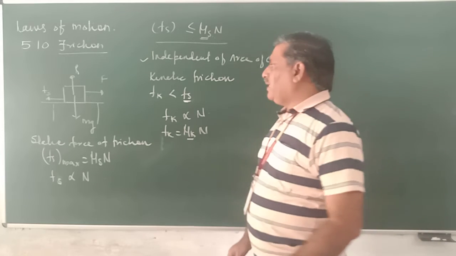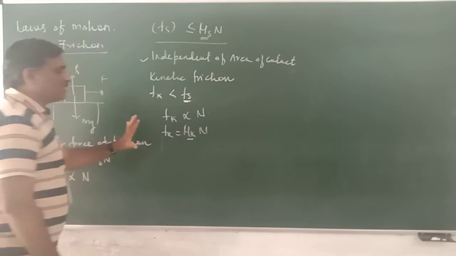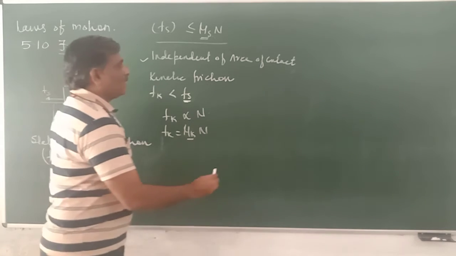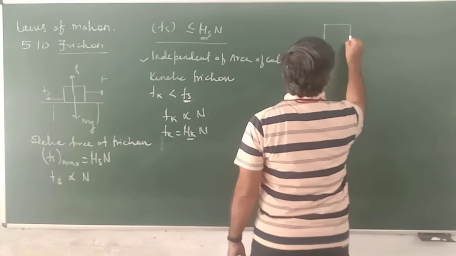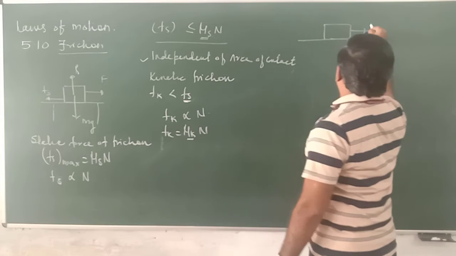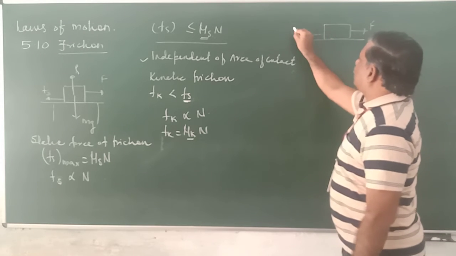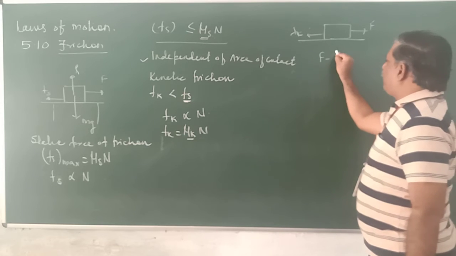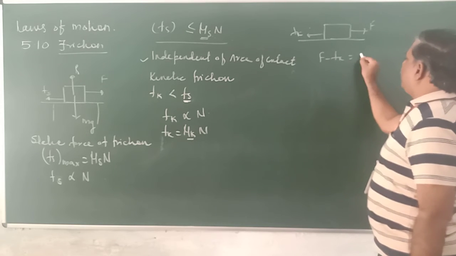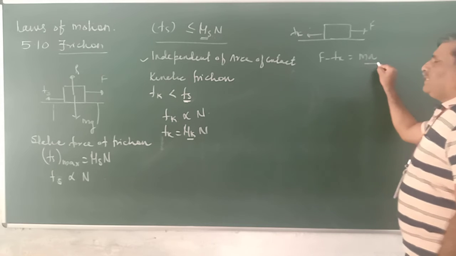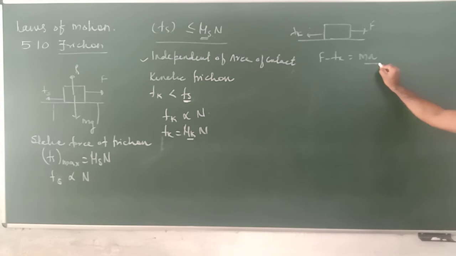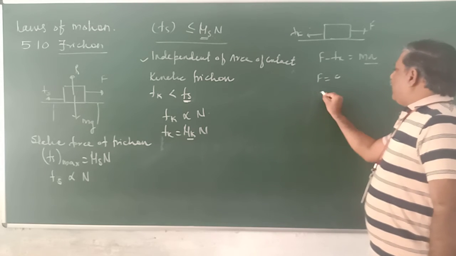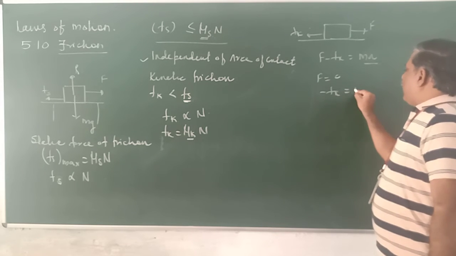Now, kinetic friction acts when the body starts moving. When it starts moving, this is the applied force, and in this direction is the kinetic friction. So the net force is F minus Fk, through which the body is accelerated, F minus Fk equals ma. Now if F is made 0, then Fk is equal to ma.